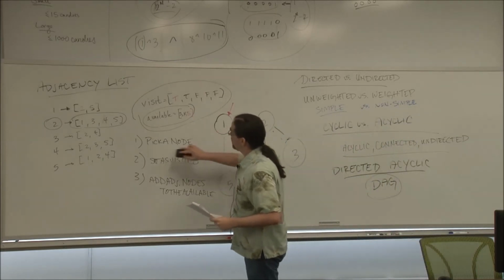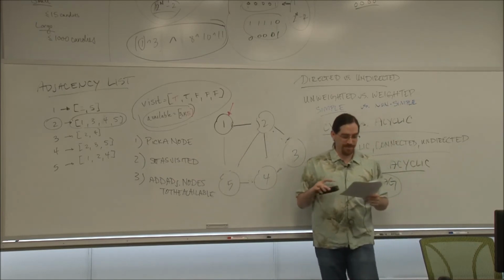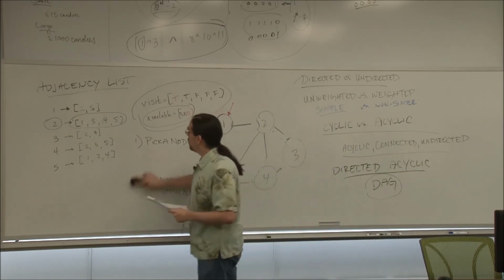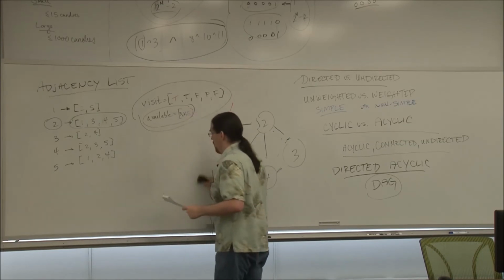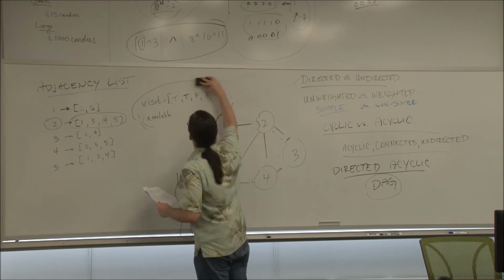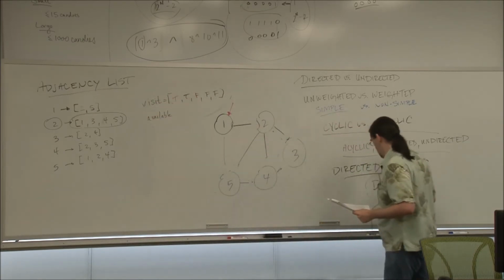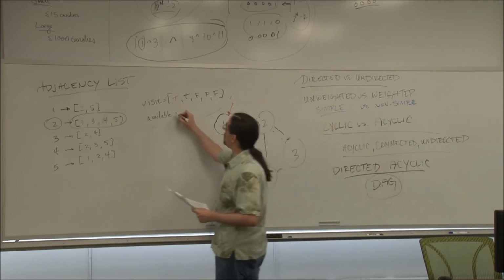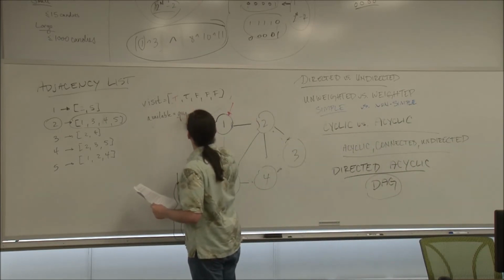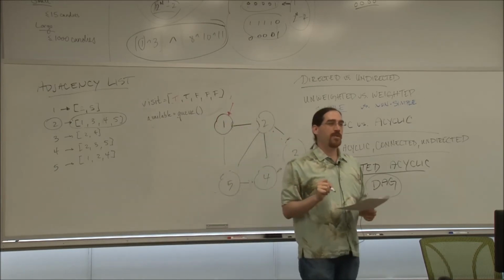Let's talk about this first bit. How do you pick which node you're going to start from? Let's suppose that for our available list here, we're going to use a queue. We talked about this in, what, the second week of class.